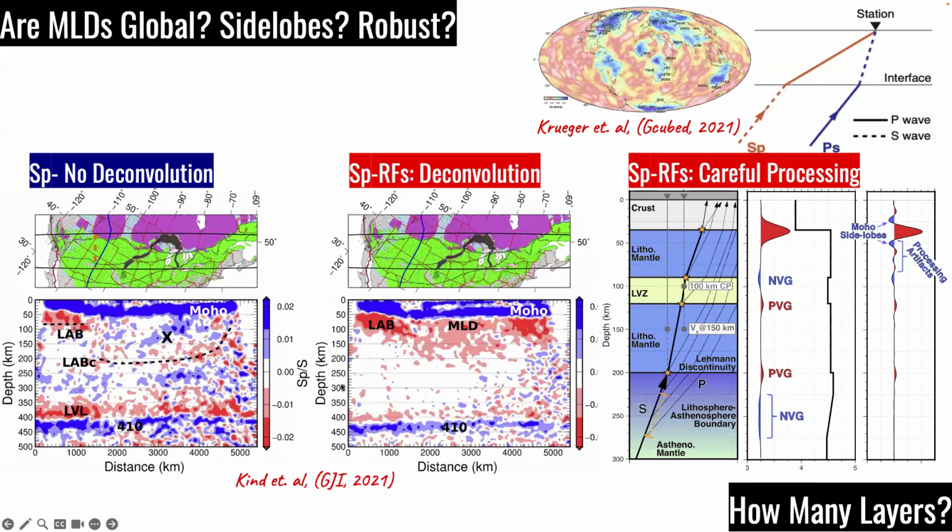On the left, you see an image of upper mantle stratification with and without deconvolution. These differences suggest that many detections of the mid-lithospheric discontinuity are not robust, inspiring a re-evaluation of global observations.